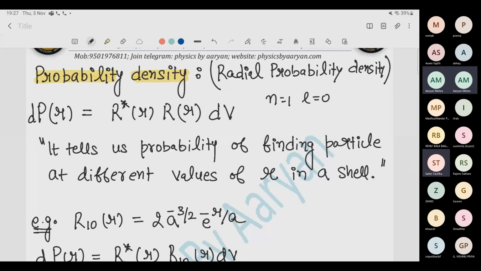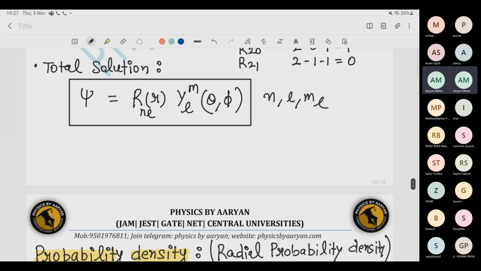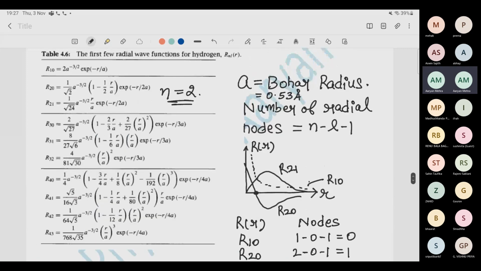Very symmetric. l equals 0 are spherical. You remember, l equals 0 means s orbital. Yes, sir. So s orbital is spherical. So does our theory actually connect with that?